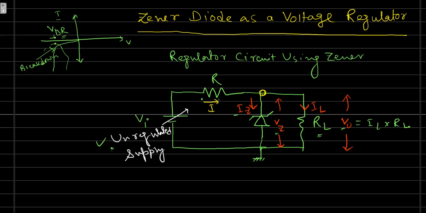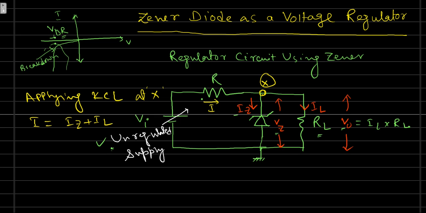If I apply KCL at this point, let this be node X. The incoming current is I, so the outgoing current is IZ plus IL. So this is the first equation. Another equation gives the value of I. The current flowing through the resistance is the potential difference between two points divided by R. This point voltage is VI, and this point voltage is VZ or V0.